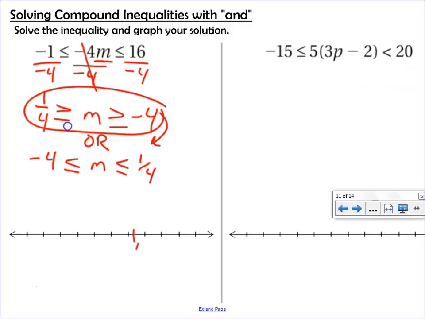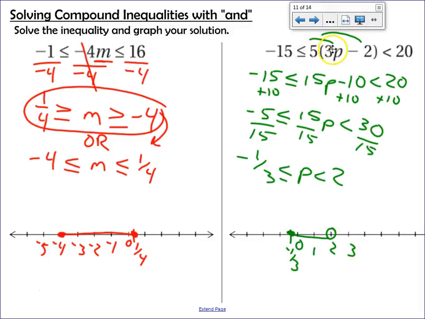So I can put 1/4 about right here, which means this will be 0, negative 1, negative 2. And those values will be bookended at 1/4 and negative 4, and it could be any solution in between there. Okay? Why don't you pause that and try the next example.